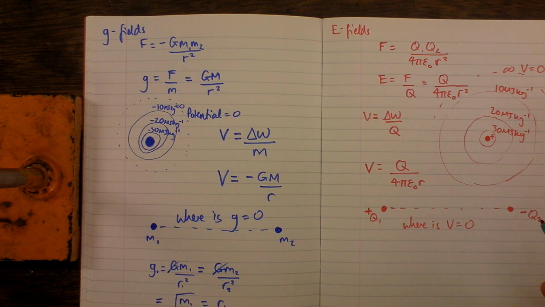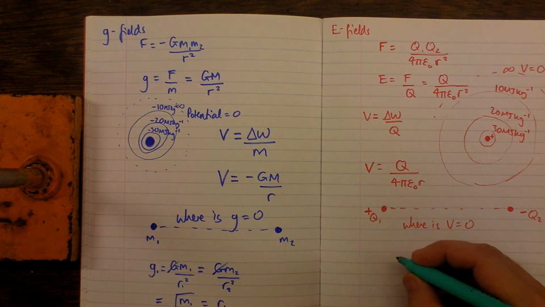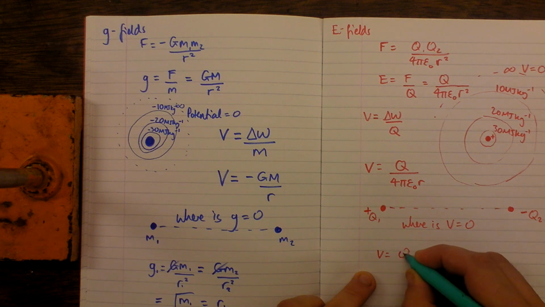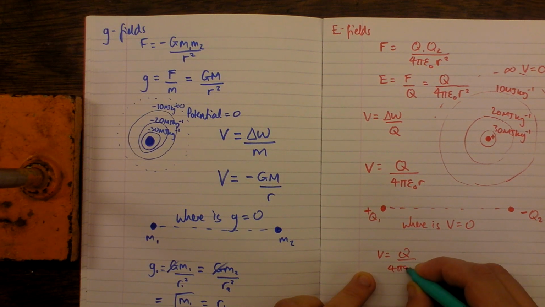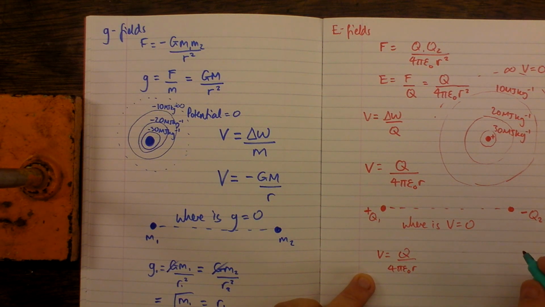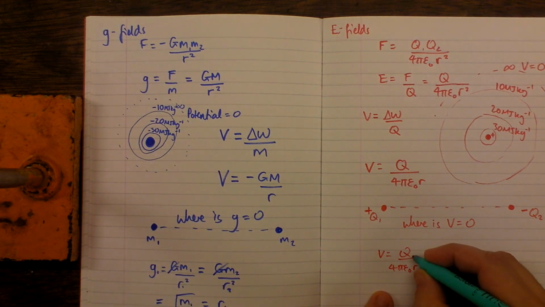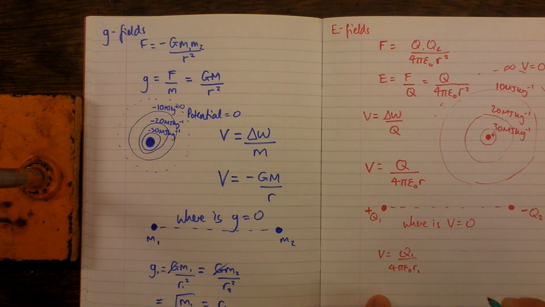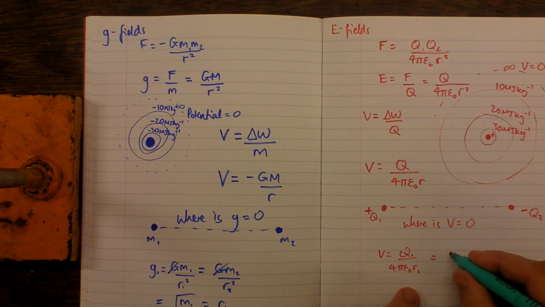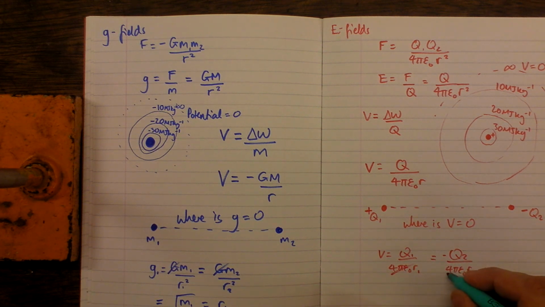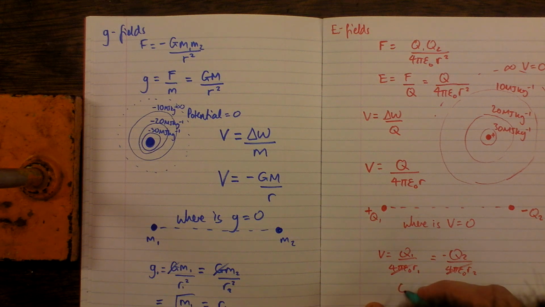Now, to find that, we have to do a very similar thing. We have to say, well, V equals Q over 4 pi epsilon naught R. This means that if I look at this for Q1, that's got to be equal to minus the potential from Q2, Q2 over 4 pi epsilon naught R2, and again that constant cancels, and I end up with this expression that Q1 over Q2 is equal to R1 over R2.